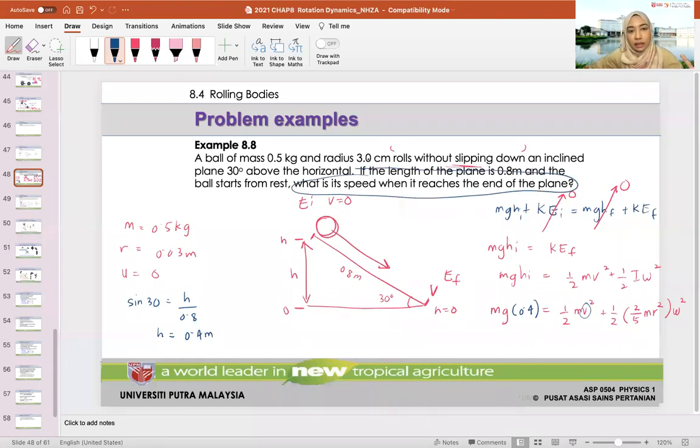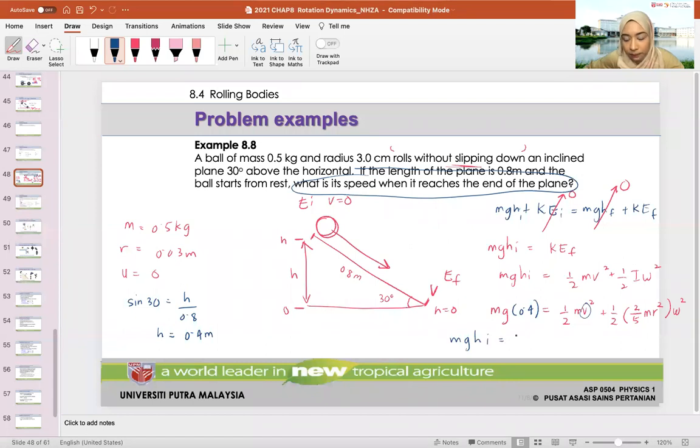And then we have 1 over 2, 2 over 5, m. We know m. r, we have the value is 0.03. And then we have omega squared. What should I do with this omega? Change to v over r. Okay, so let's do that.